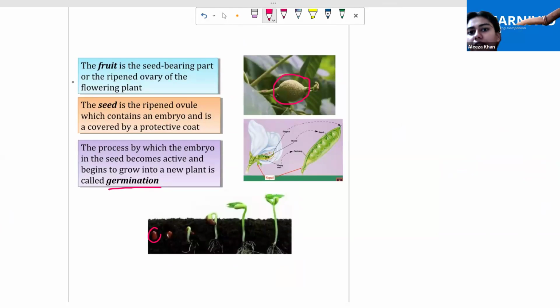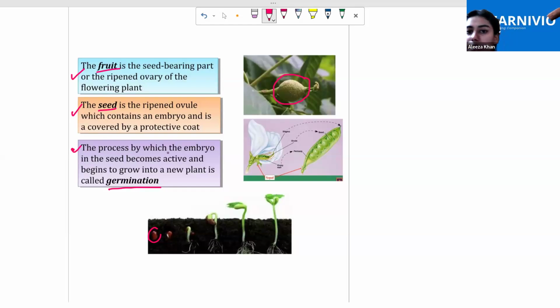See, first 2 points we have already discussed about fruit and seed. This we have written also, but I want you to write this point about the germination. Whenever a question comes, what do you mean by the germination with respect to the seed?